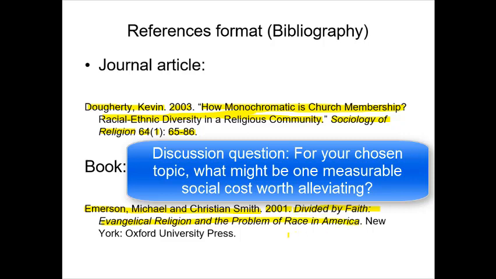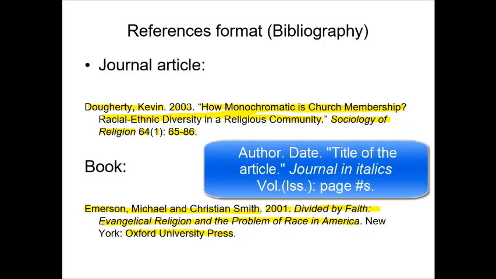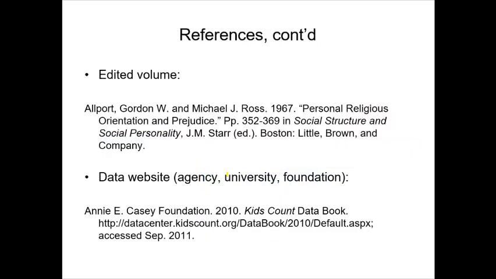The only difference here with the book is that you're following it with the city and the publisher that published the book. So very similar format all the way through. Author, year, title, journal, followed by volume, issue, page numbers. The format's the same all the way through.